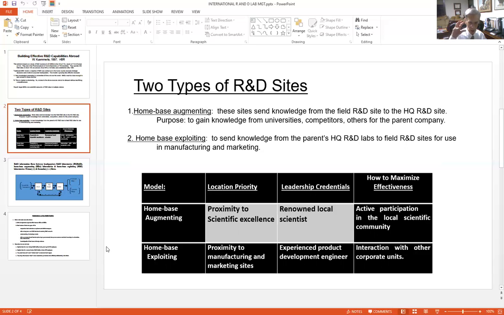So you want to locate a laboratory in that region and hope to benefit from some of that spillover that we talk about. But you've got to get into the scientific community. How do you do that? You find a highly regarded, hopefully renowned scientist to manage that laboratory.